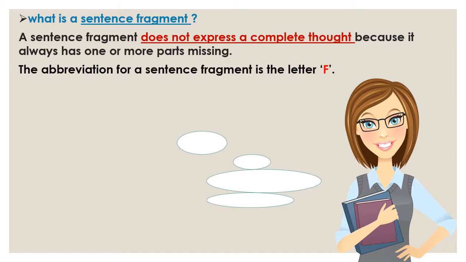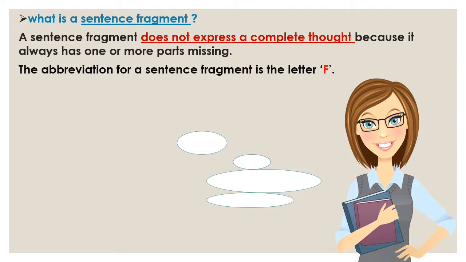A sentence fragment does not express a complete thought. So it's totally the opposite of a simple sentence. A simple sentence expresses a complete thought. But what about a fragment sentence? No, it doesn't express a complete thought. Why?